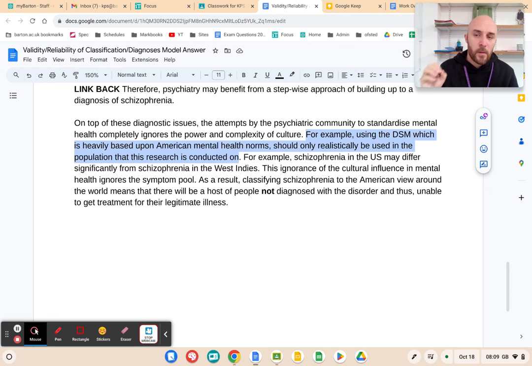There are problems with standardizing what disorders are around the world because not every culture sees disorders with the same set of symptoms.